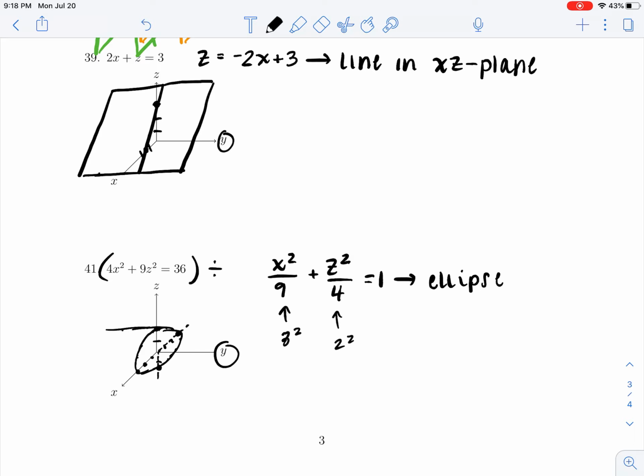So I'm going to go to the left, but again, you could go to the right just as well. And then draw that ellipse there. And if you want, you can draw some little lines to indicate the three-dimensional shape here. So this would be considered a cylindrical surface of an ellipse being extruded along the y-axis.